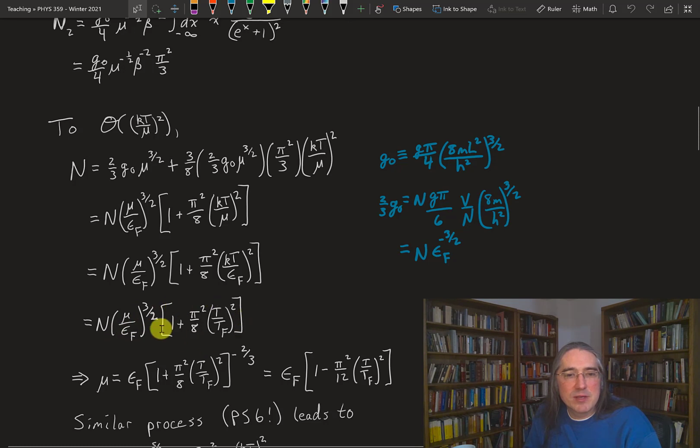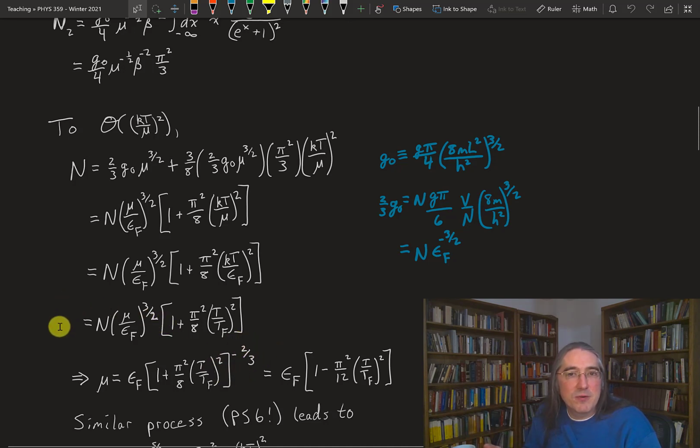So I'm just going to bring this to the other side, which is to say this will get raised to the -1 power. The n's have been canceled. There was just a 1 on the other side. So this stuff to the -1 power. Then I've got mu over E Fermi to the 3/2, which means I want to raise the other side to the 2/3. So all of this ends up raised to the -1 times 2/3, or -2/3.